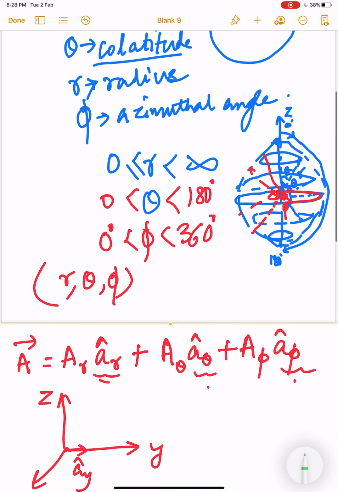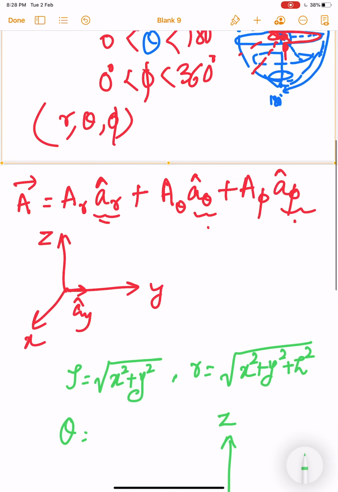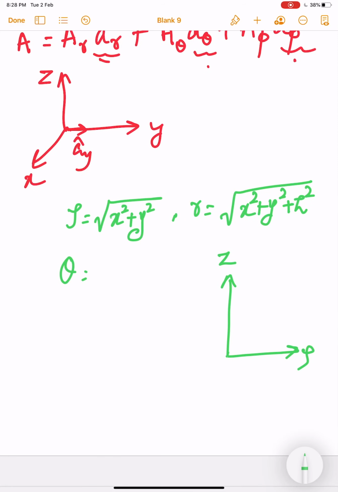As you can see over here, this is position vector p. If you drop this down onto the xy plane and join it with the origin, then that is your rho. So rho and z are perpendicular to each other, and r is this.